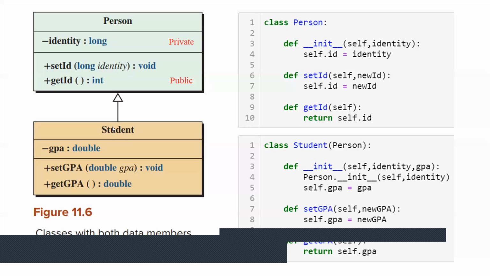Similarly, for the student, we can have a set GPA and get GPA. So this is the complete class in which we have the name of the class, the data members, which are the private members, and the public members, which are the member functions. Functions, remember, they have brackets. Okay.